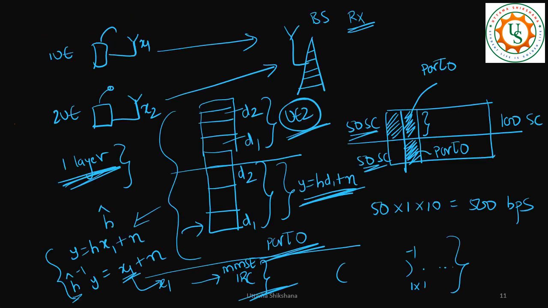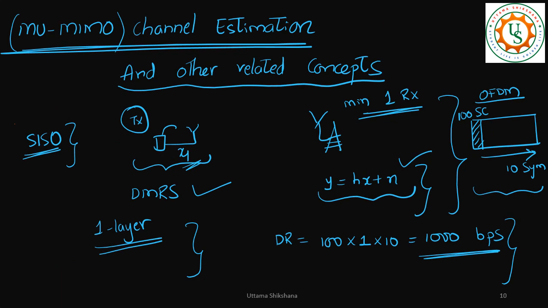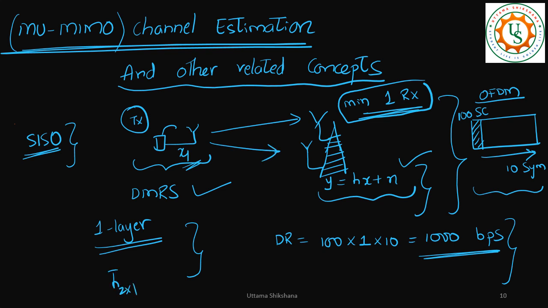Before that, what I want to say here is, at the RX side, I was mentioning we have one antenna, the minimum of one RX antenna. What if I had two antennas here? Then in this case you will have H bar, which is 2 cross 1, right?